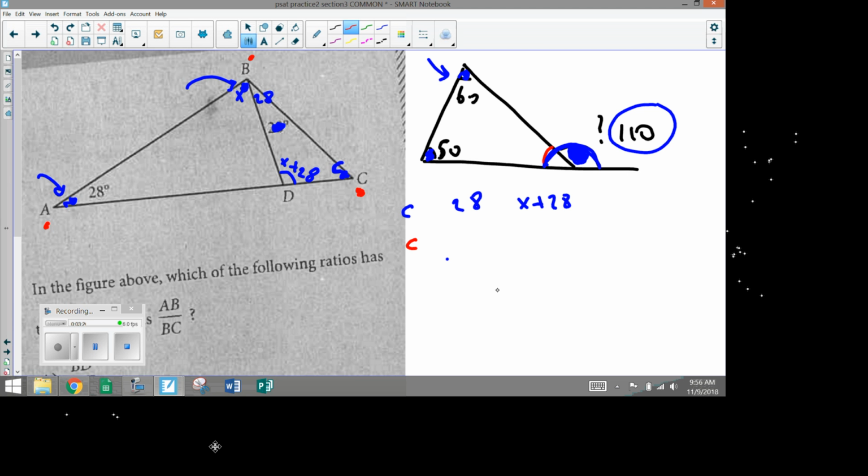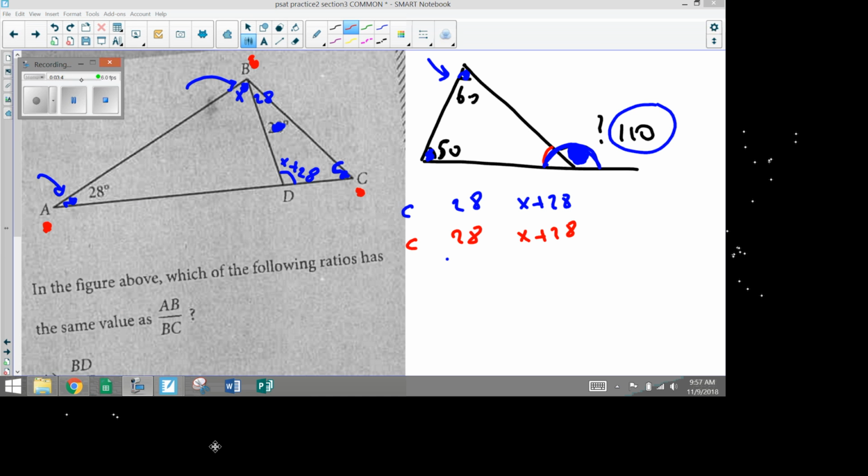So that means the smaller triangle BDC and the largest triangle ABC are similar. Let's start solving the question now after this introduction.